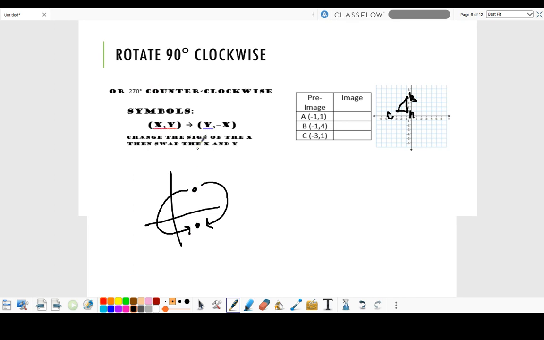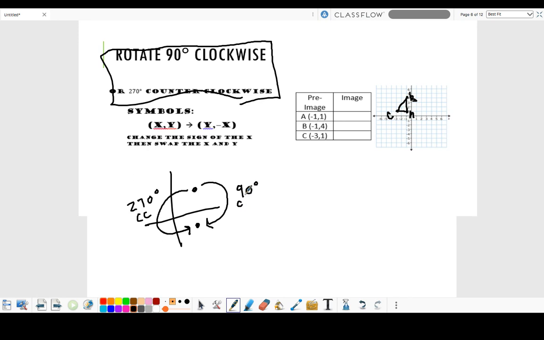So these two statements here mean the exact same thing. So if you turn to the right and you go clockwise, then that is the same as going to the left and doing 270 degrees counterclockwise. So this one's 90 degrees clockwise, and that's 270 degrees counterclockwise.